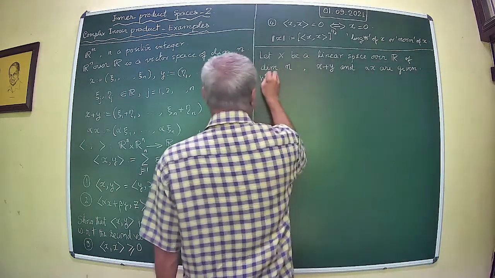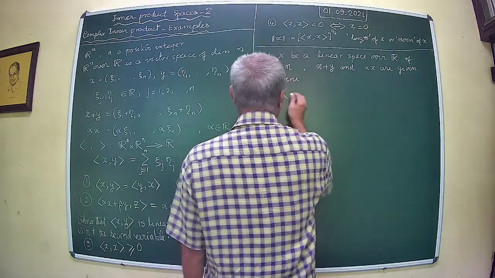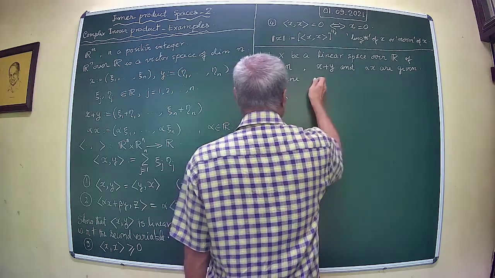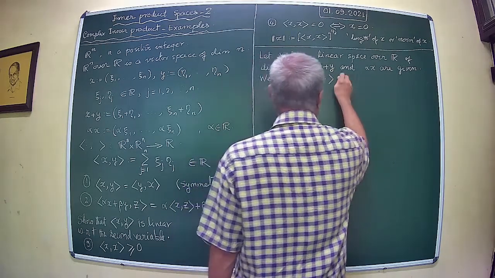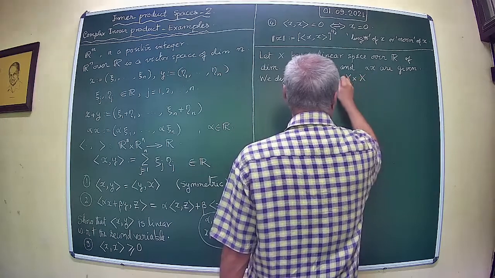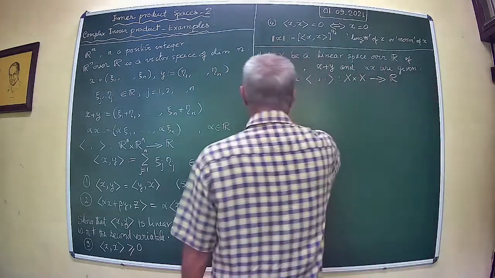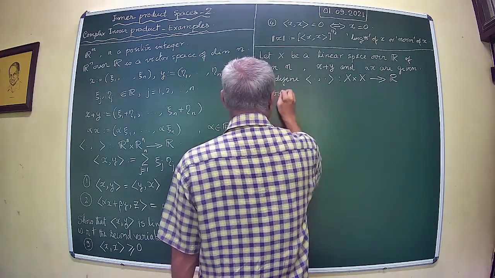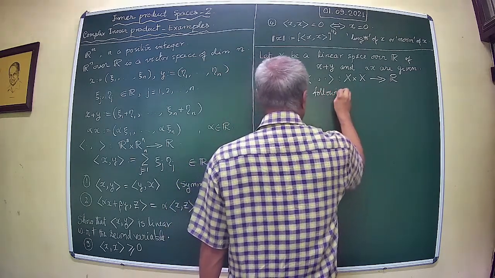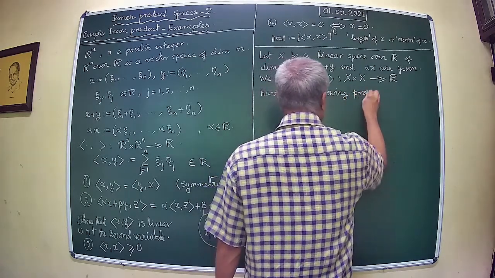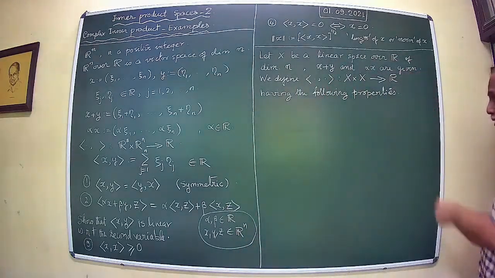Now we define a map to R having the following properties. Because there is a question that comes.